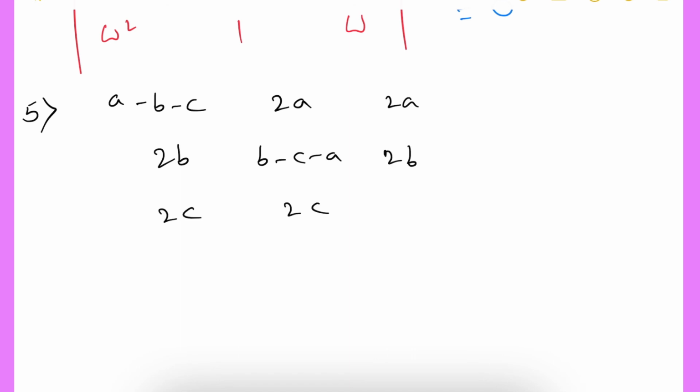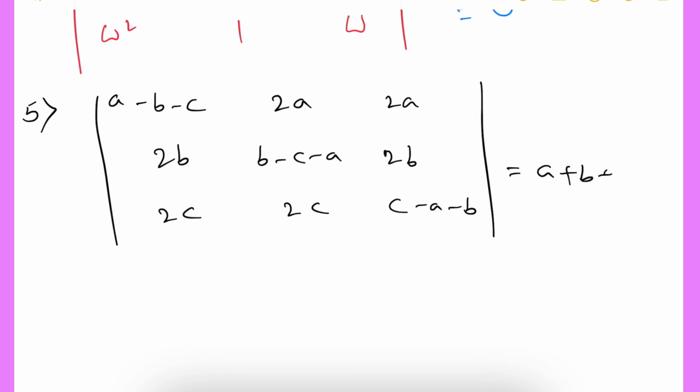Show that the determinant with rows a minus b minus c, 2a, 2a; 2b, b minus c minus a, 2b; 2c, 2c, c minus a minus b is equal to a plus b plus c whole cube.